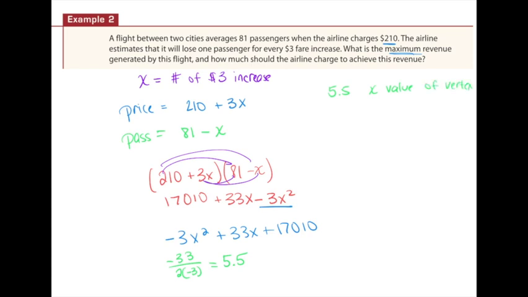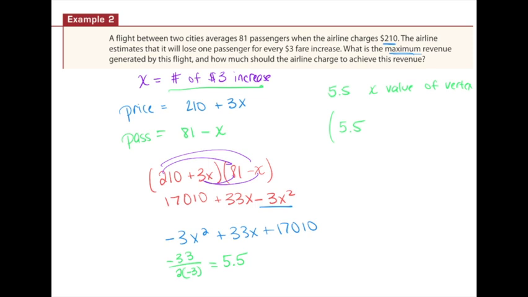Remember when we find our axis, that actually also gives us the x value of the vertex, all right? It's important because you have to know what we're talking about here. What did I say my x was? The number of increases, okay? Does that make sense? So I'm looking for the number of increases here. It is 5.5.